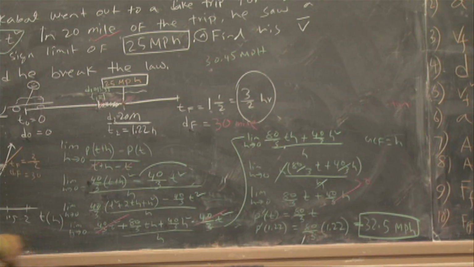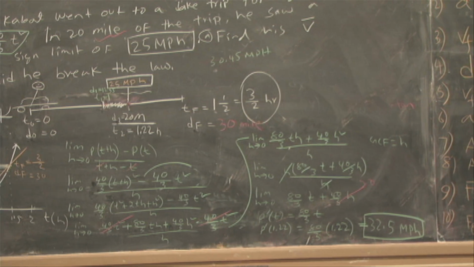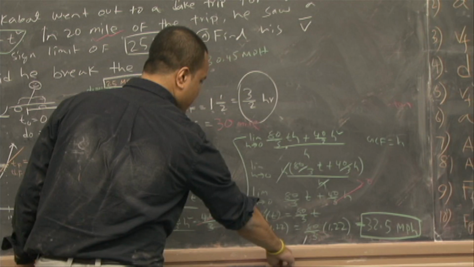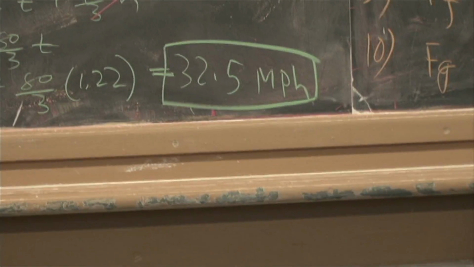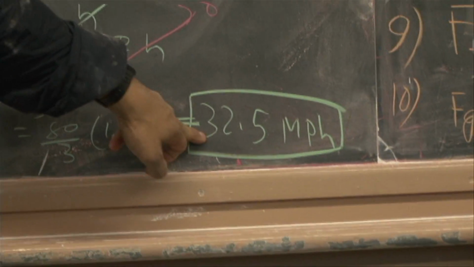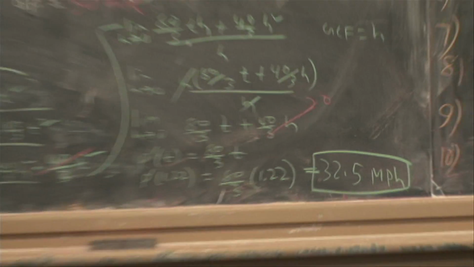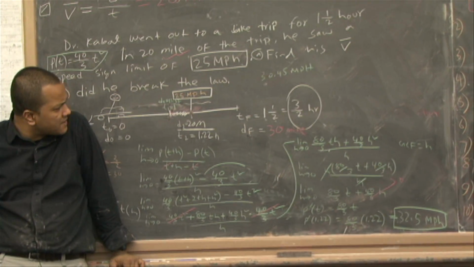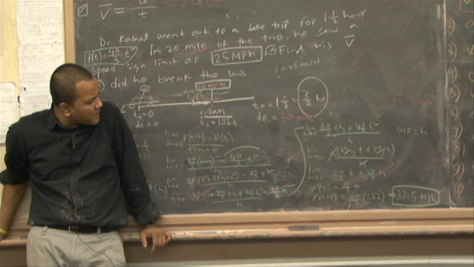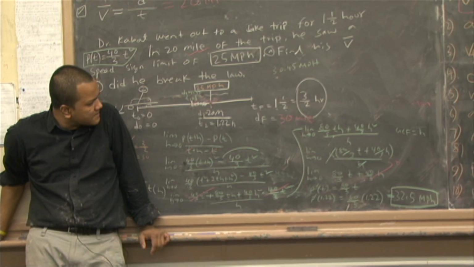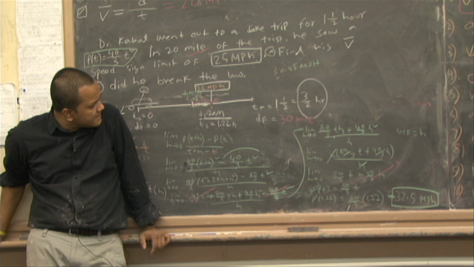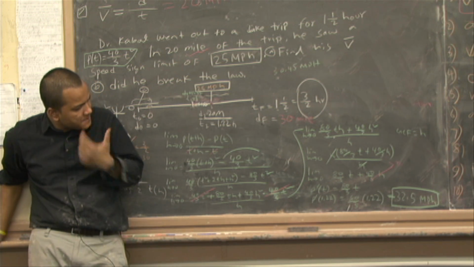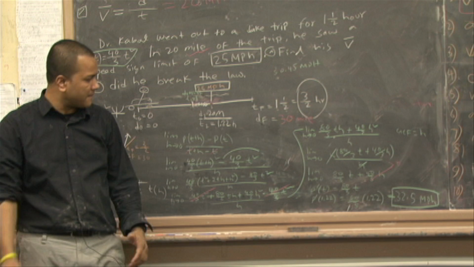So now we see how calculus helps us find the more precise answer to the physics problem. We see that he was way above the speed limit. How many miles above the speed limit? 7.5 miles over the speed limit. So he was actually breaking the law.